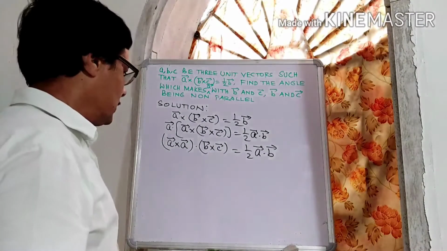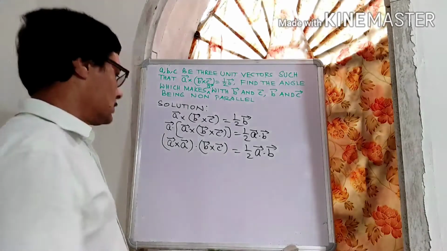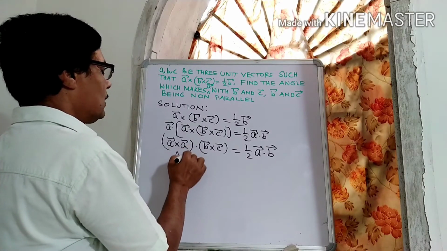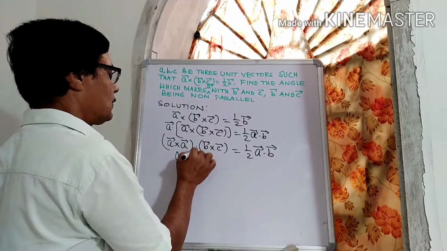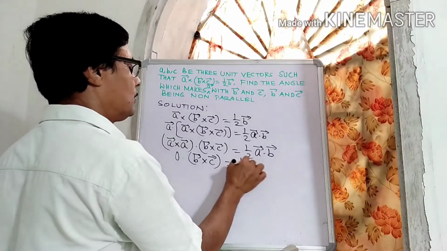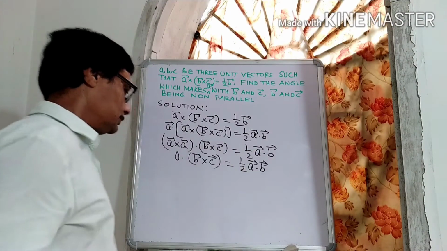That is, the cross product of two same vectors is 0. So we have 0 dot (B cross C) equals half of A dot B.